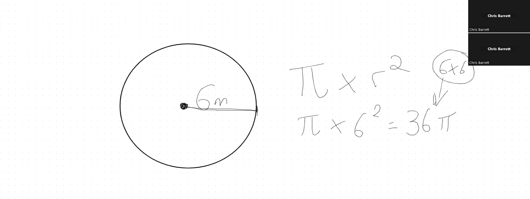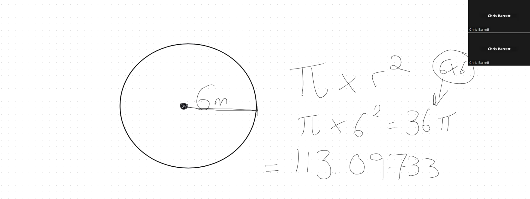At that point now, I can then put that into my calculator and then turn that into whatever I need it to be, like to decimal places, or again, if it only wants it in terms of pi, I could leave it in terms of pi. What this gives me an answer of as an area is 113.09733, and then it goes on forever and ever and ever.